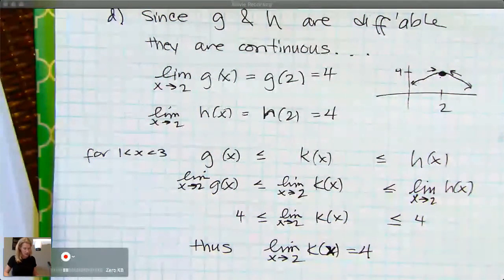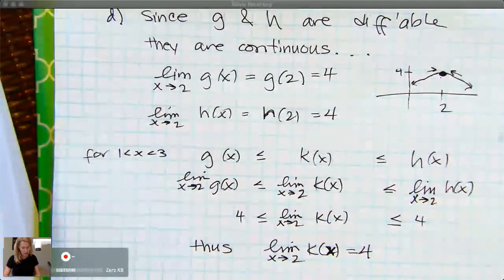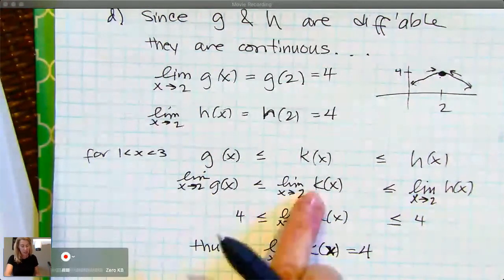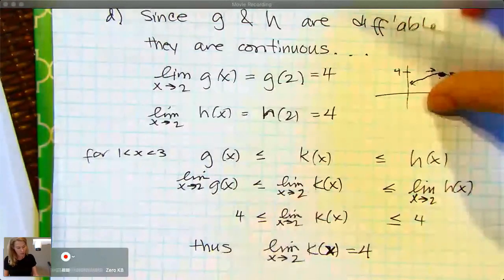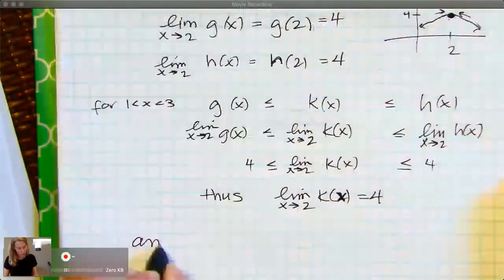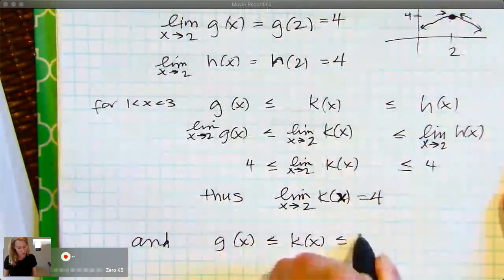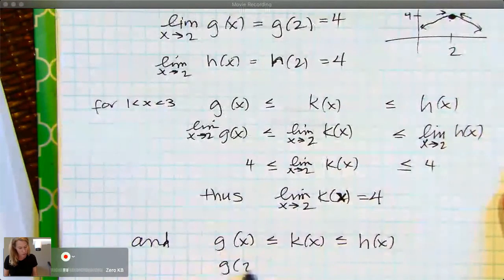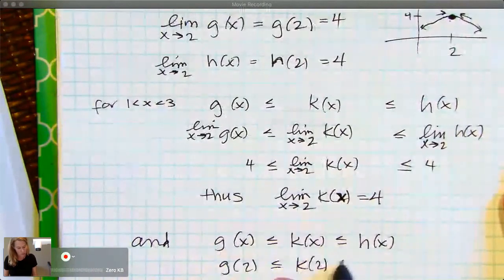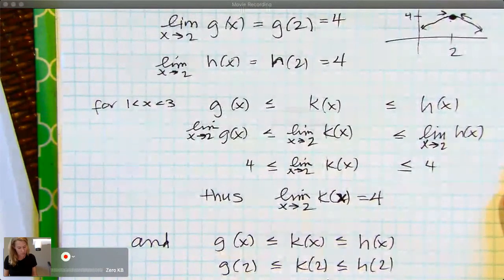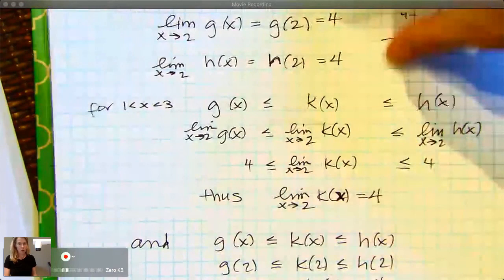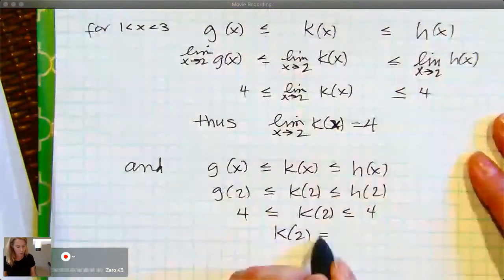And likewise, that was with the limits. I knew that the limit had to be sandwiched. Likewise, for the function, they gave me that truth for the function. Therefore, g of 2 is 4, and therefore k of 2 also has to equal 4.